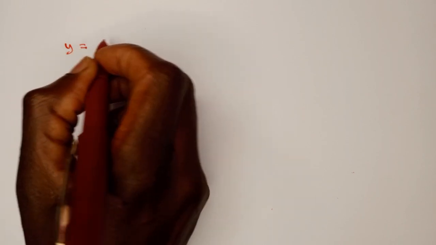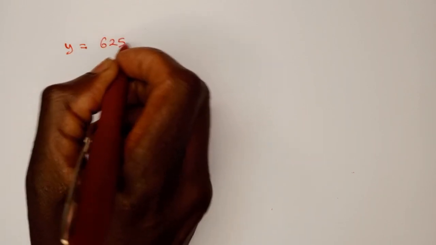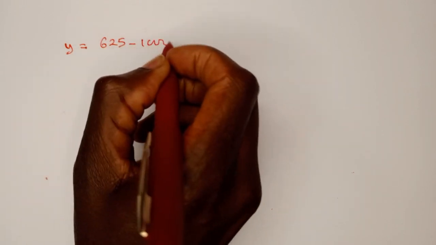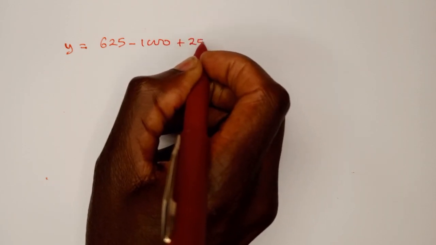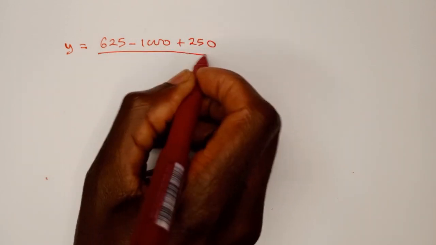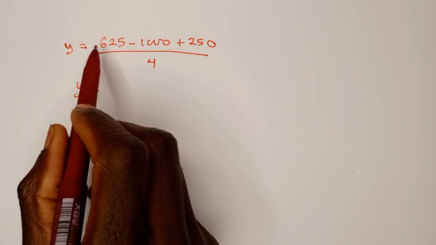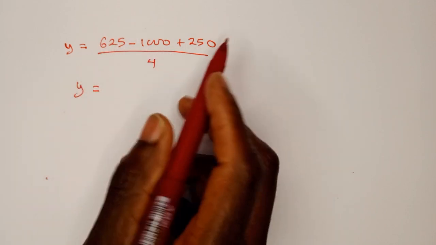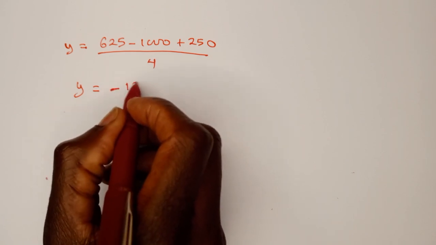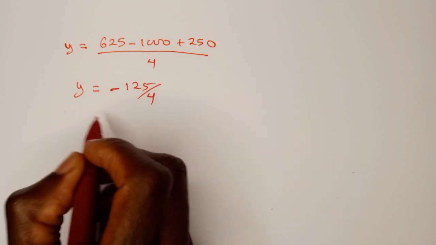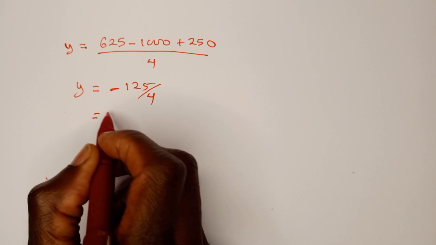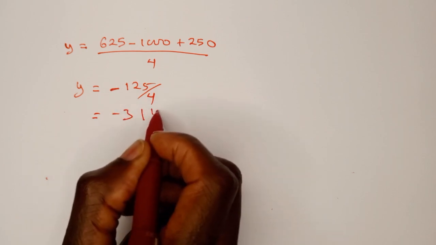Y is equals to, now we had 625 minus 1000 plus 250 over 4. So 625 minus 1000 plus 250, you get negative 125 over 4. So this one can be simplified to negative 31 1 over 4.